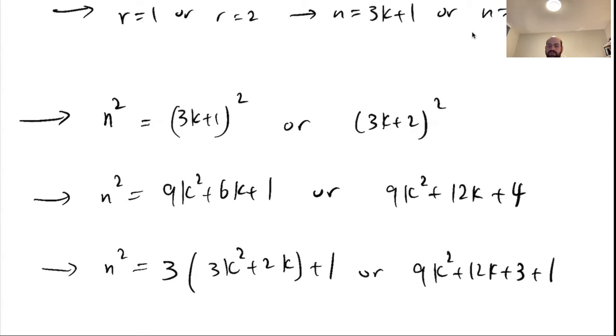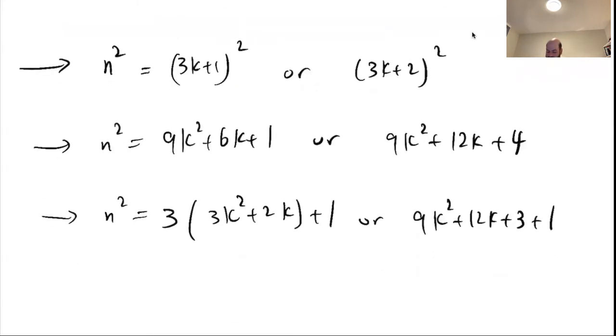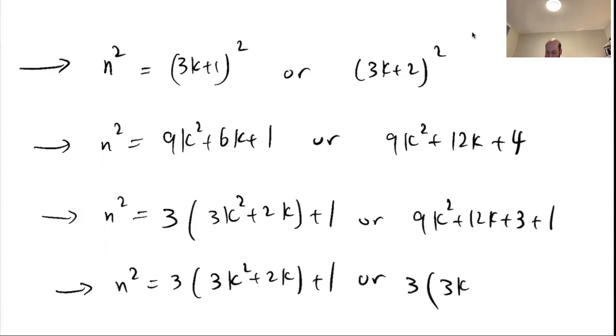I want to take 3 as a common factor. And then if I write 4 as 3 plus 1, then 3 will appear and I can take 3 out as well from this term. So then I will have n squared equals 3 times (3k squared plus 2k) plus 1, or 3 times (3k squared plus 4k plus 1), and then plus 1.